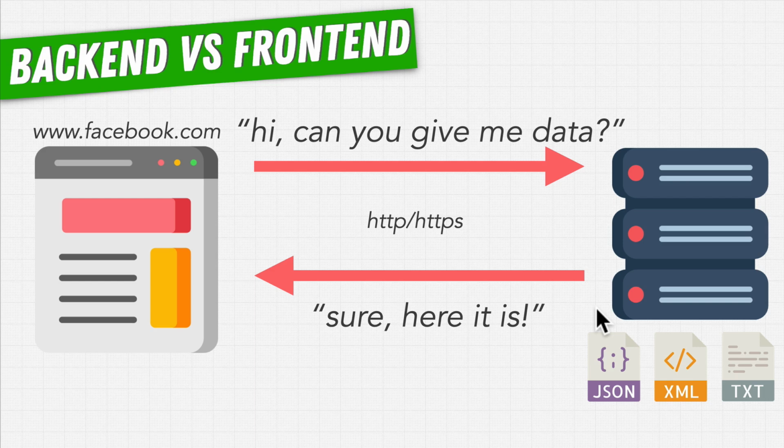This idea of a client-server architecture that we just talked about is used by most of the web. And building out that server side is what most Node applications are built to do.